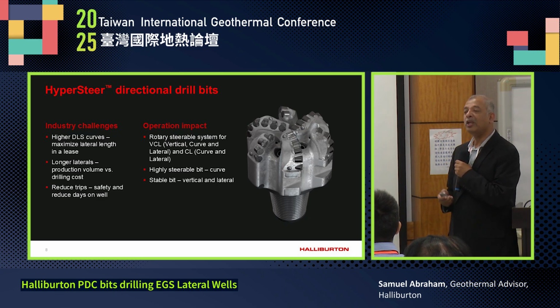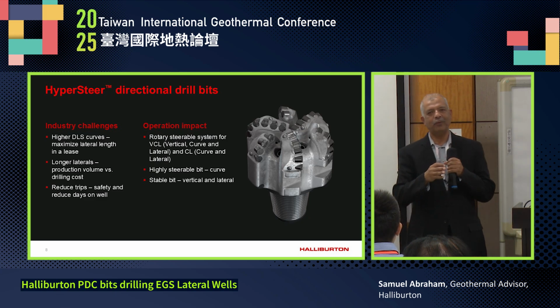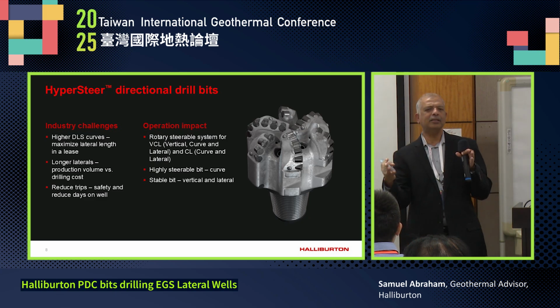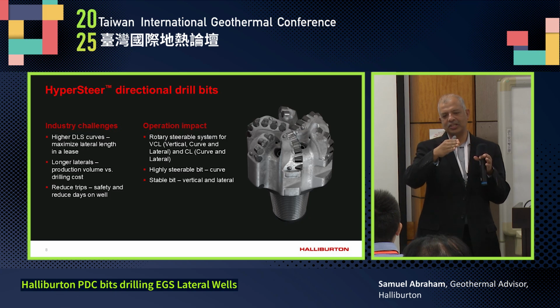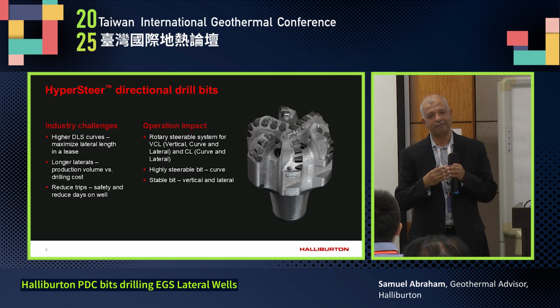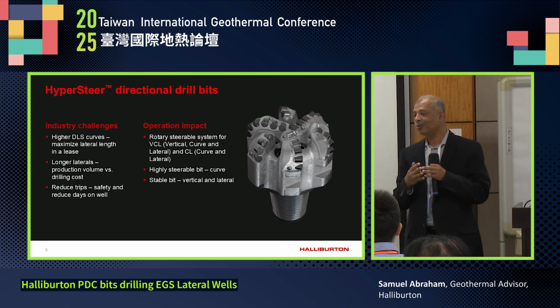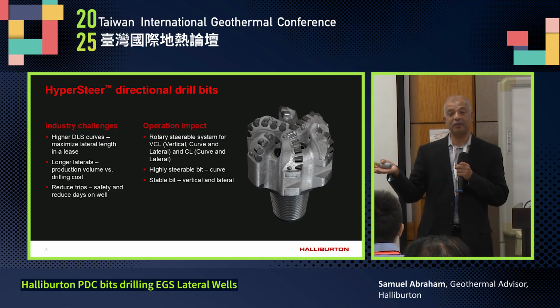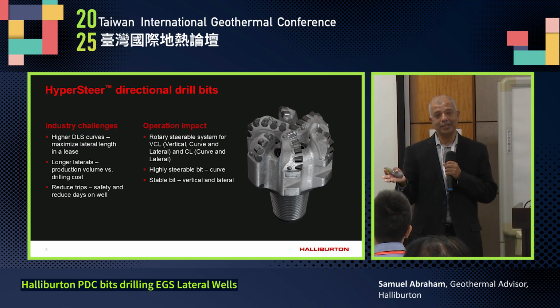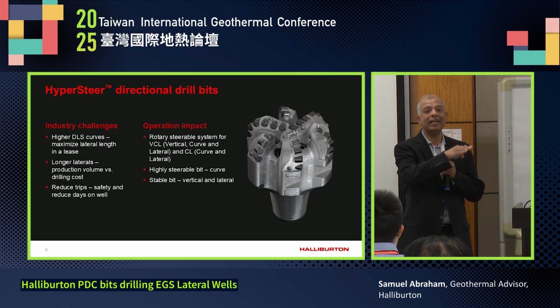Now, when you drill short laterals, after drilling a vertical section, we go maybe 300-400 feet. But now we are talking of geothermal wells where we're talking of almost 1,000 to 2,000 feet in the lateral.